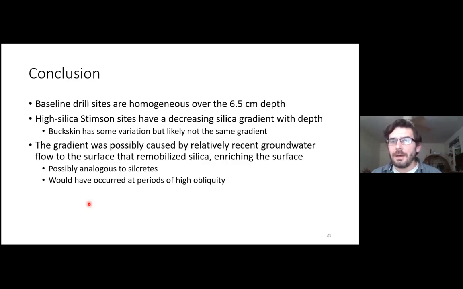The silica abundance is lower, around 70% silica, while terrestrial silcretes are up around 90, but it still might be a somewhat analogous process, or at least a somewhat analogous phenomenon. And this probably would have occurred at periods of high obliquity.